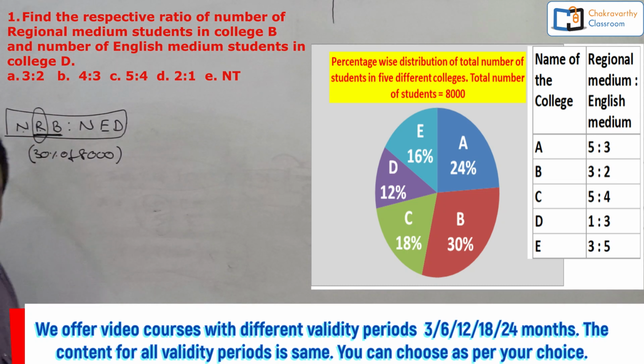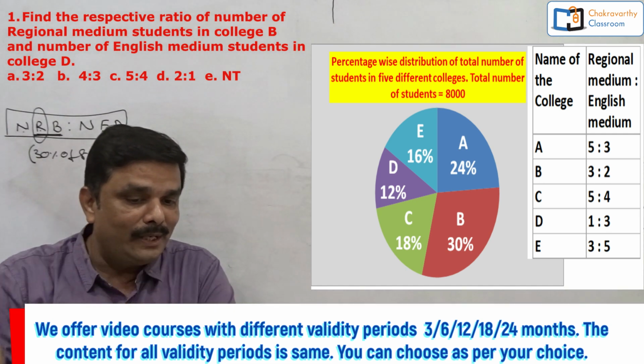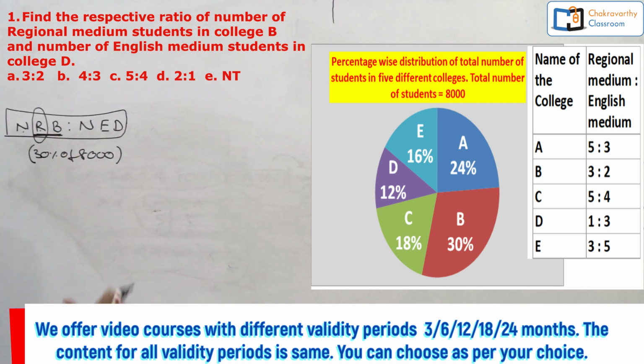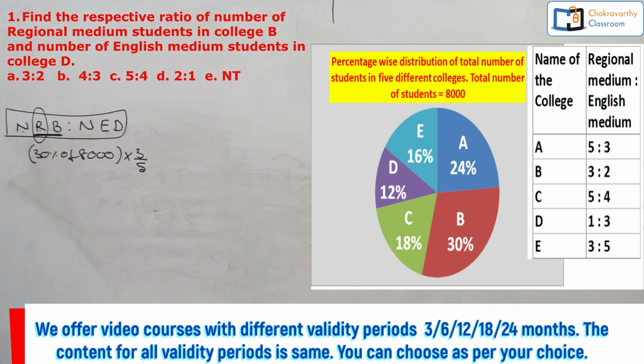In college B they have given regional medium to English medium 3:2. I need regional medium, that is 3 by 5 into 3 by 5. First you understand this, then I go for the shortcut.